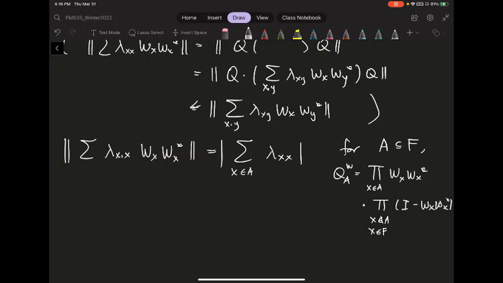That's how you divide the range projections W_x W_x star into disjoint ones.